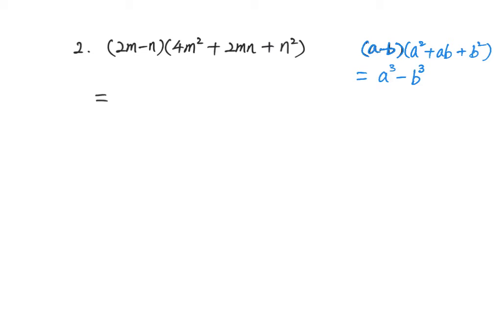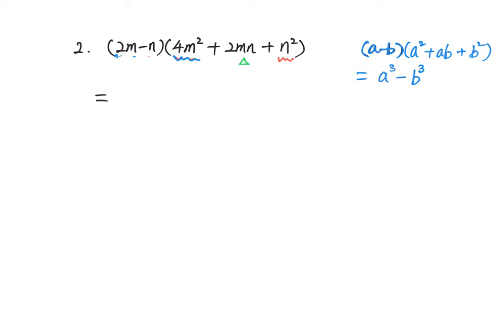So here in this question, a is 2m, b is n. So (2m)², which is 4m², is a². And n², which is b². And the middle term should be plus a times b, so 2m times n, which is positive 2mn. So this is the middle term.